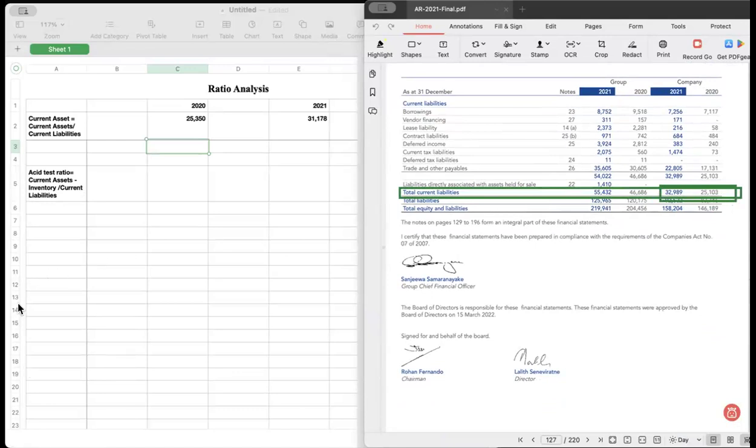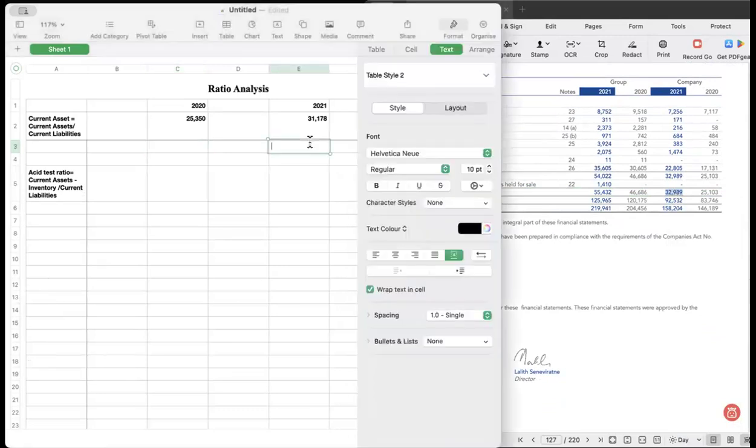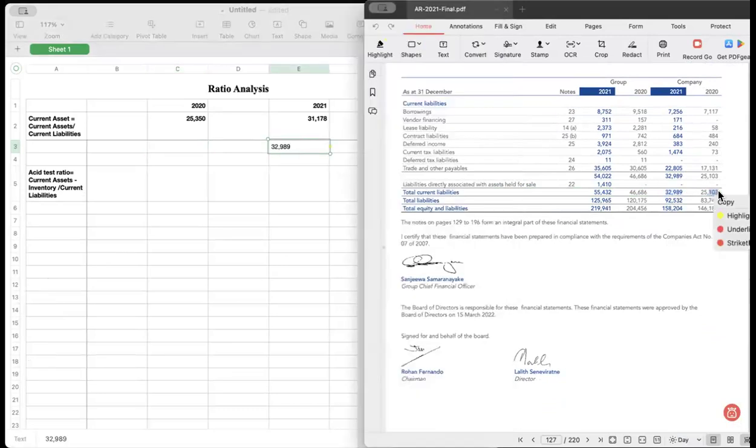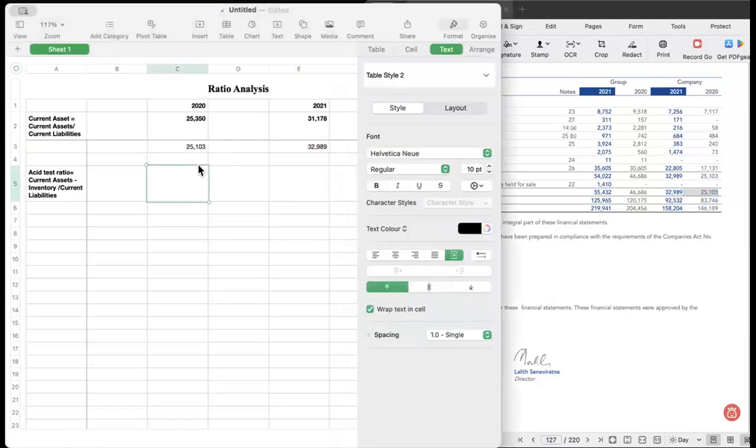And when you copy paste data, be very careful because you're going to compare 2 years. I think for you, it's 2 companies, so I don't think you will have the issue. But if it is 2 years, make sure you take the correct information to the correct year. So done, and 2513.